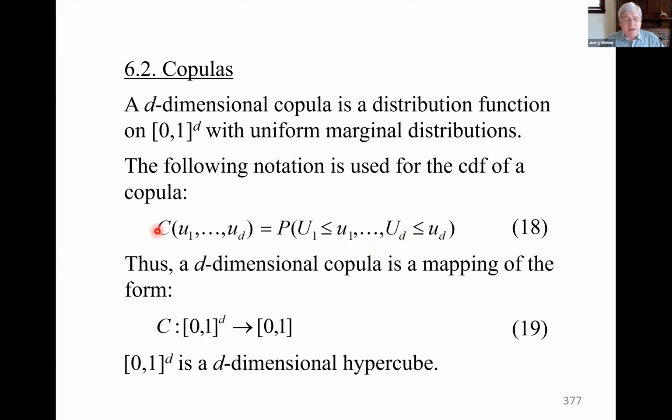So obviously the function value of the C is in the interval 0 up to 1, because it's a probability. And because the u's are uniform, the domain of the function, for each argument, is the interval 0 up to 1. And we have d arguments, so we speak about the hypercube. We have d dimensions.